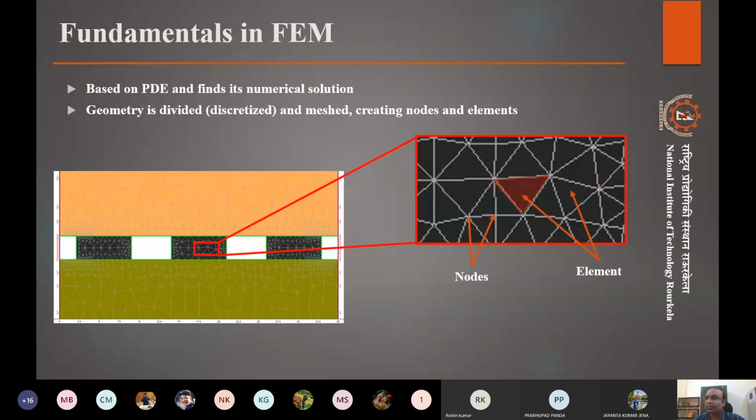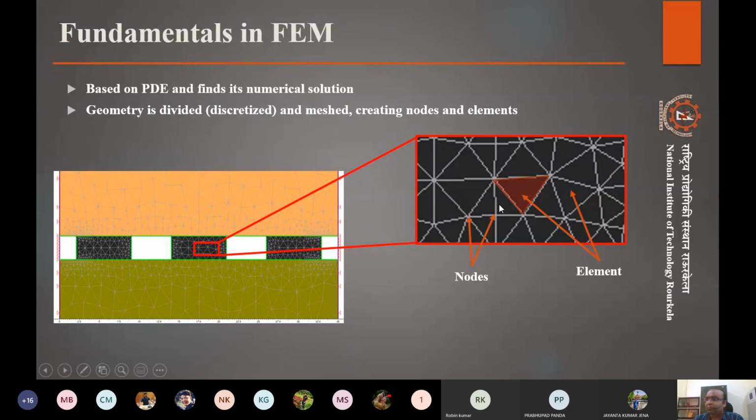Now, interpolation of the results can be done by various methods. We'll also discuss the methods, which are called basis functions in finite element language. So we'll discuss that later on.